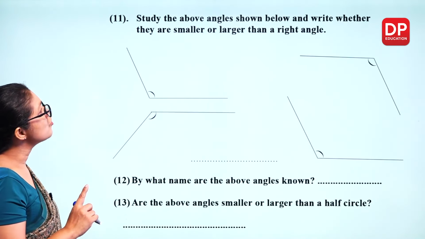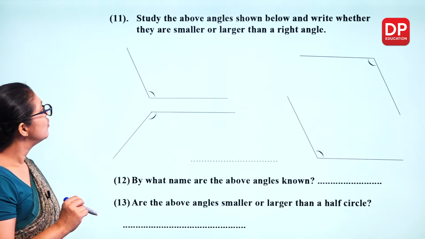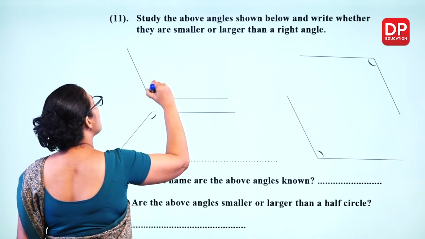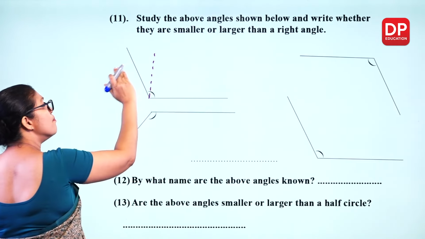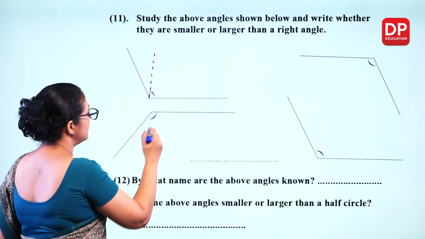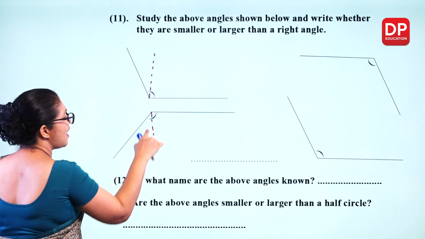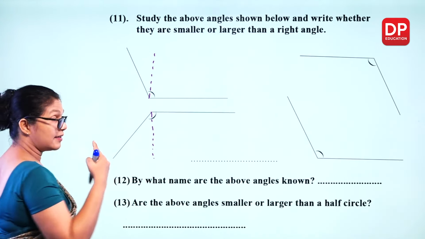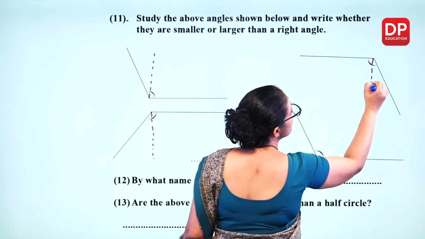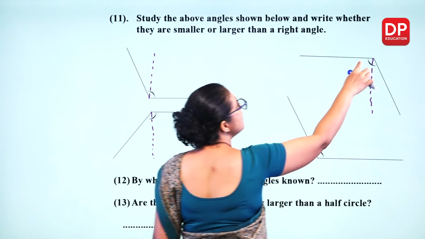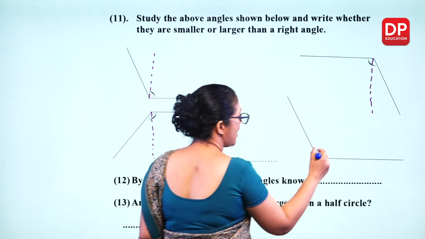Study the angles shown below and write whether they are smaller or larger than a right angle. If we take this one, if I draw the right angle somewhere here, now this is more than a right angle. Look at this diagram. If I draw the line here for the right angle, the arm should be right here. Now you can see that's larger. Here also, if I draw the line here, this is 90, meaning a right angle. Now this is bigger than that.